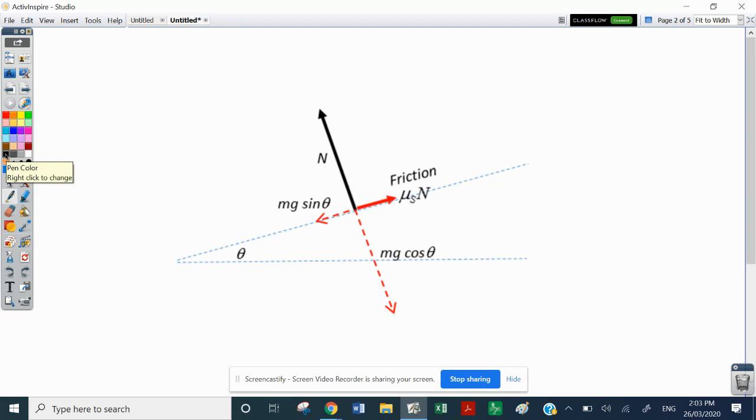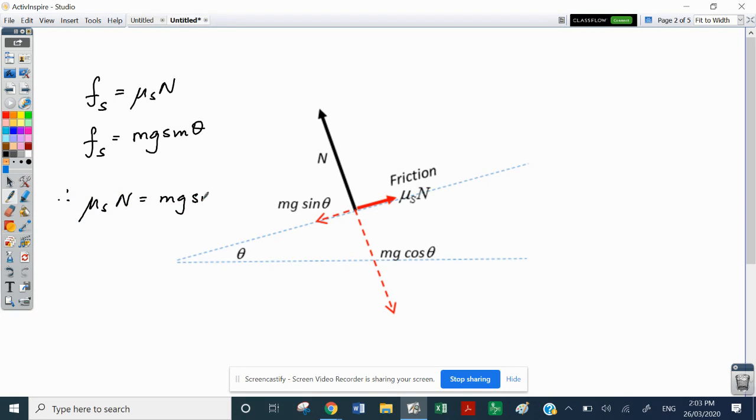Then we know that friction, static friction, which is up the plane, is equal to mu s times N. It also must be equal to mg sine theta going down the plane because it's not moving. So these two are equal and opposite. And therefore, we get mu s N equals mg sine theta.